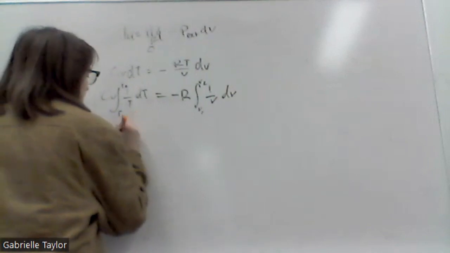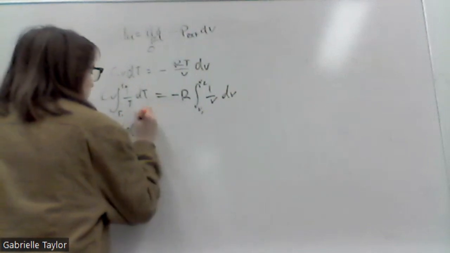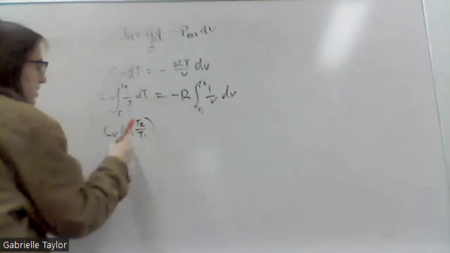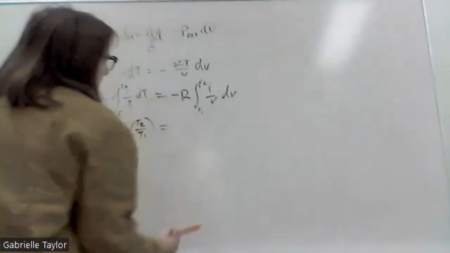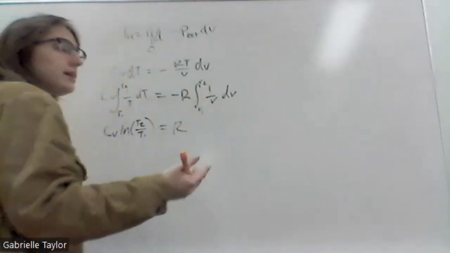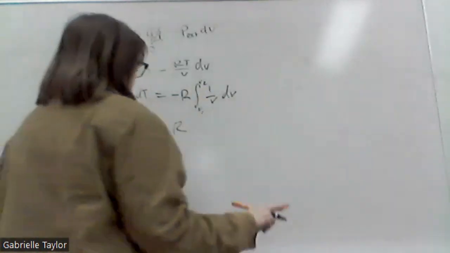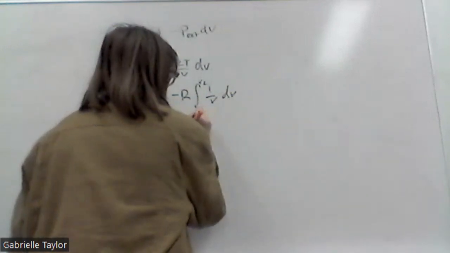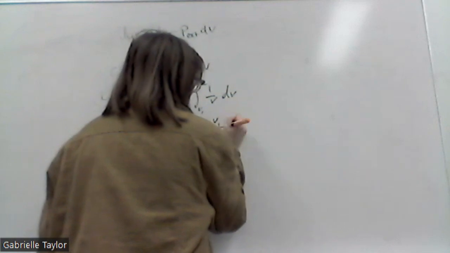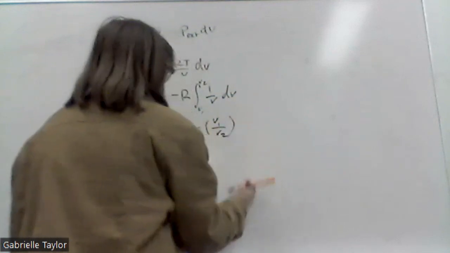Okay, so now let's integrate it. So Cv, and then we're going to do ln of T2 over T1. And now we're going to keep our R as a constant. Since this is a negative, we can flip the inside of our ln, so it's going to be ln V1 over V2.